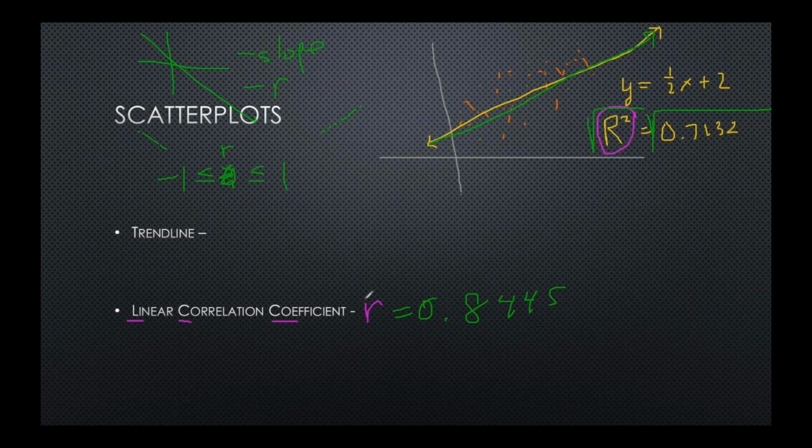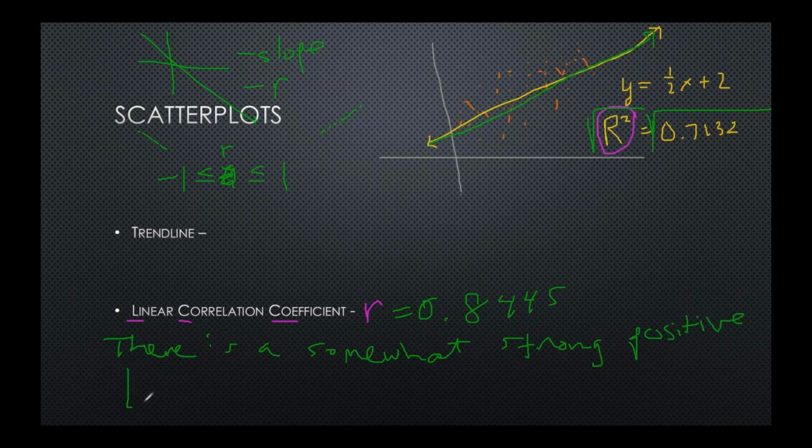So what we would say, right, you can write meaningful sentences. You have to interpret your linear correlation coefficient. We would say there is a somewhat strong, because 0.84 is decently close to 1, somewhat strong positive, and I throw the word positive in there because that is the sign of my slope and my linear correlation coefficient.